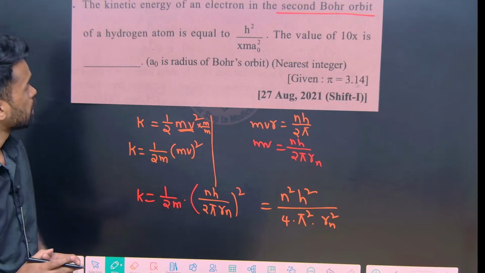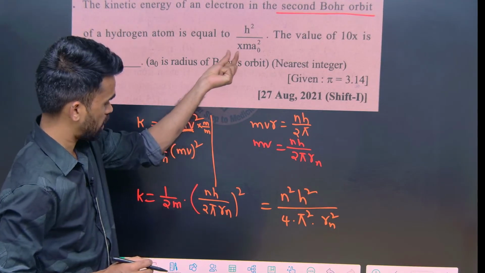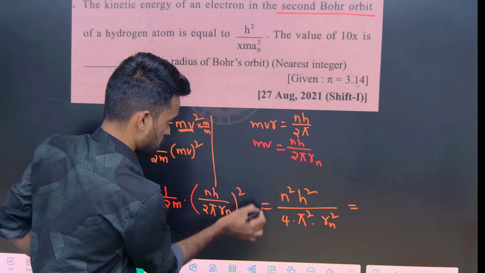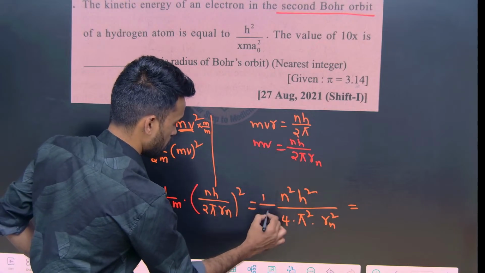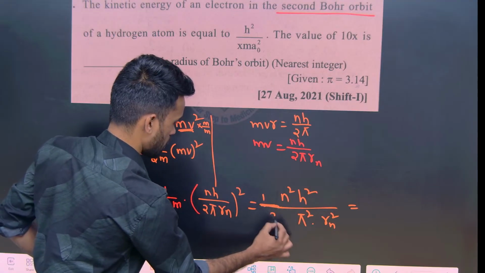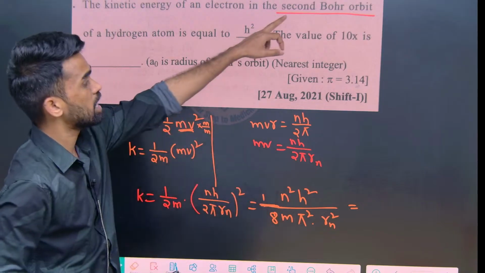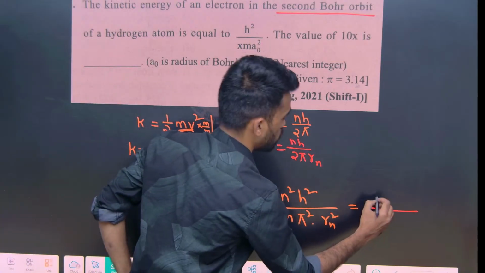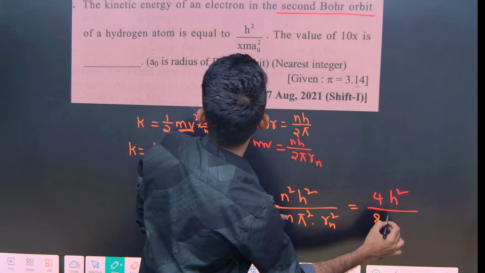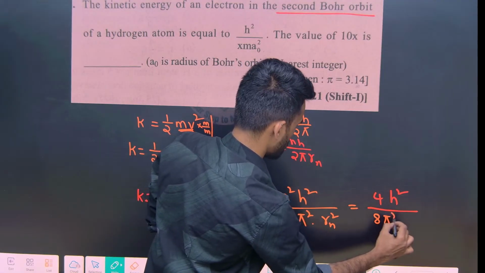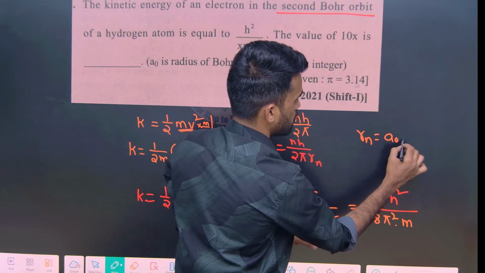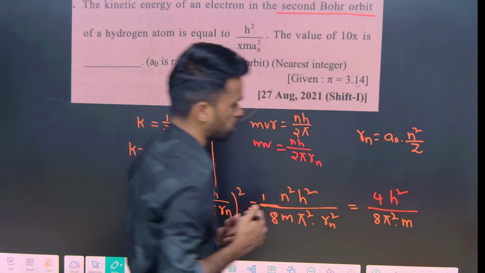Here we have 2m also, so you can write 1 by 2m, so 2 fours are 8, so 8m I am writing here. Now for the second orbit, n square is 2 square, 4 h square, and here 8 pi square m, and rn. What is the radius of the nth orbit? A0 into n square by Z.